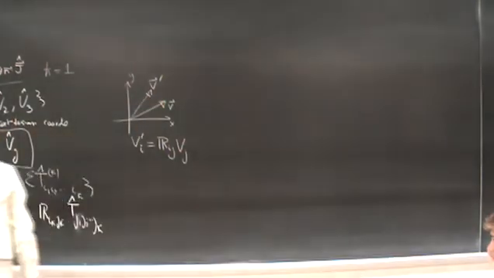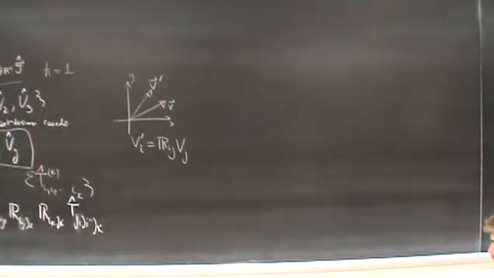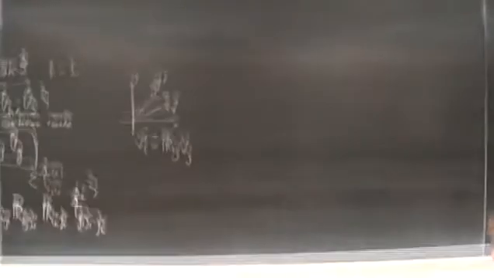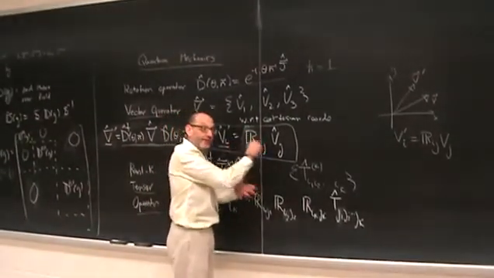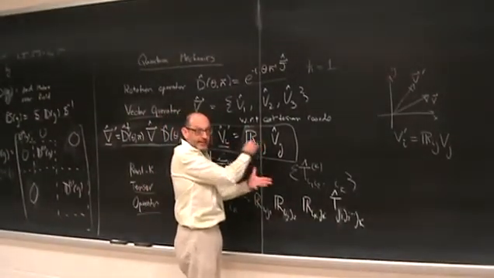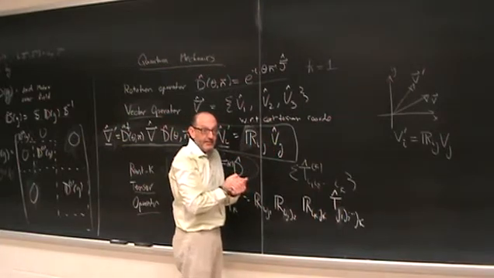Similarly, I can say there is a rotated vector, which is rotated according to the unitary transformation. And that new set of operators are related to the unrotated set of operators by this rotation matrix.